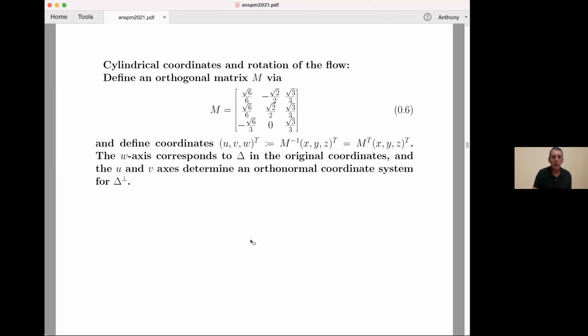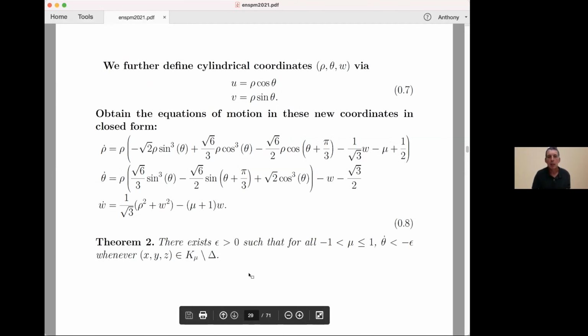So you can write down an orthogonal matrix N, which gives you a transformation to these dynamics. So the w-axis corresponds to delta, the line in the original coordinates, and the u and v axes determine an orthonormal coordinate system perpendicular to that. And so you can define, with that in mind, cylindrical coordinates rho, theta, and w, and obtain equations of motion in these new coordinates that I've written down here.